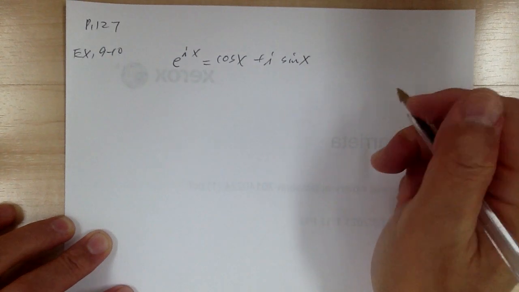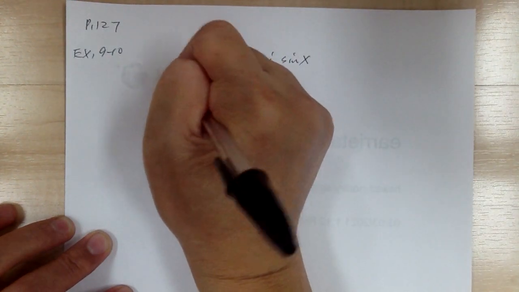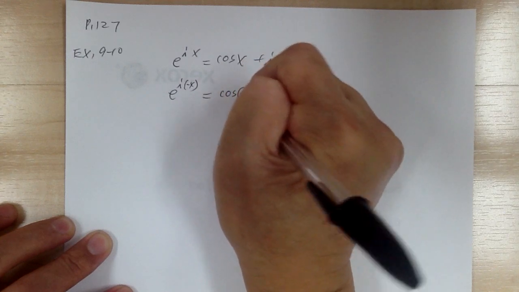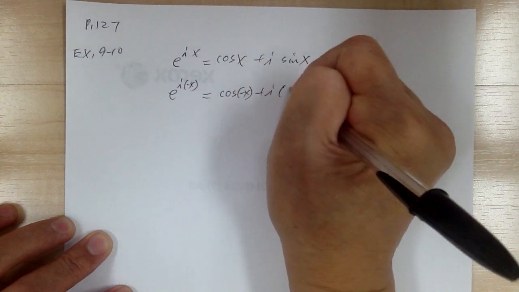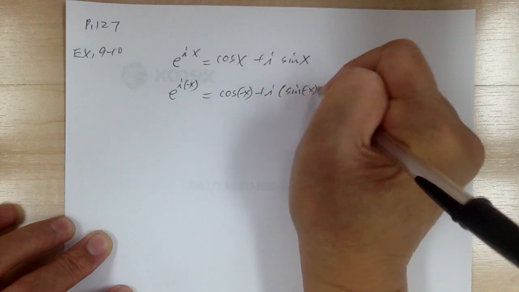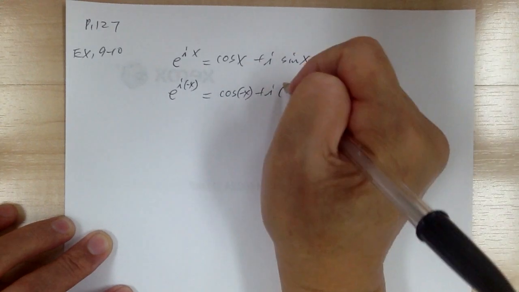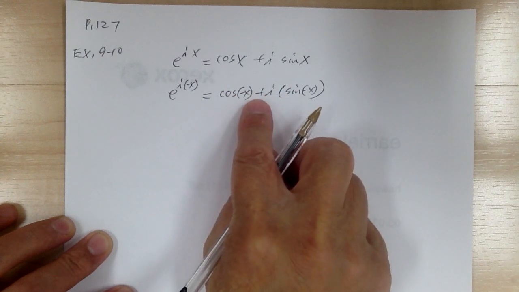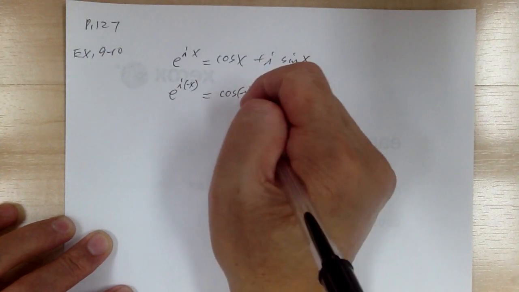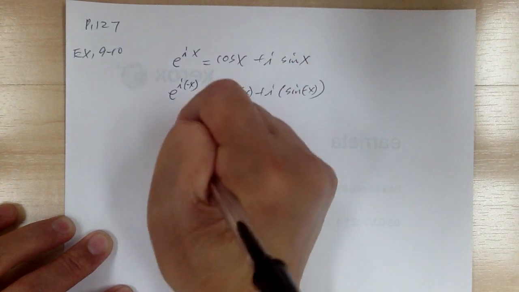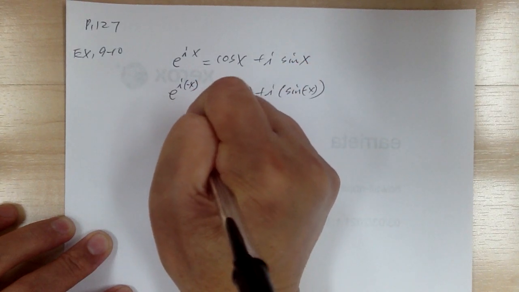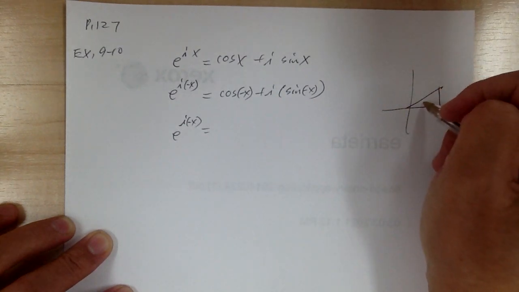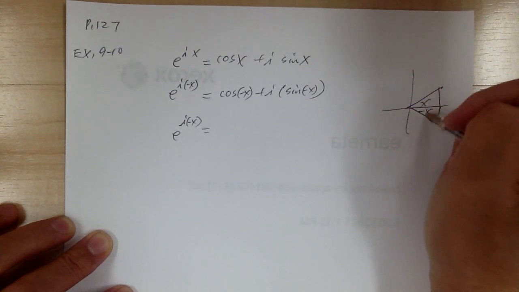And so e to the i of negative x will be equal to cosine of negative x plus i sine of negative x. If you apply the negative function, cosine of negative x is equal to cosine x. Look at cosine: here's your x and here's your negative x.